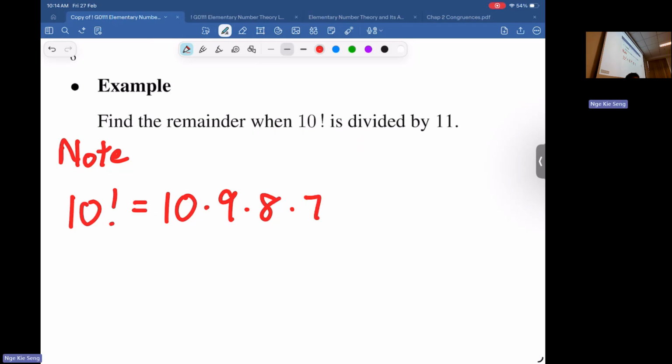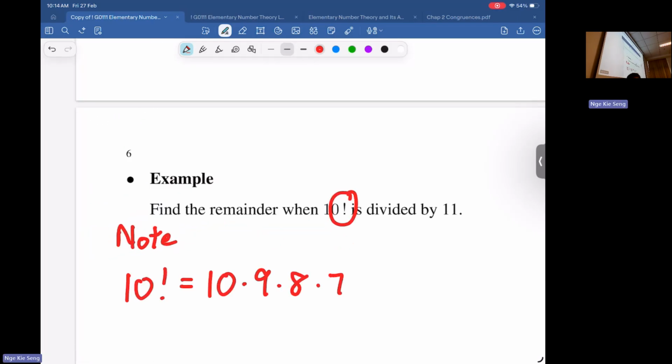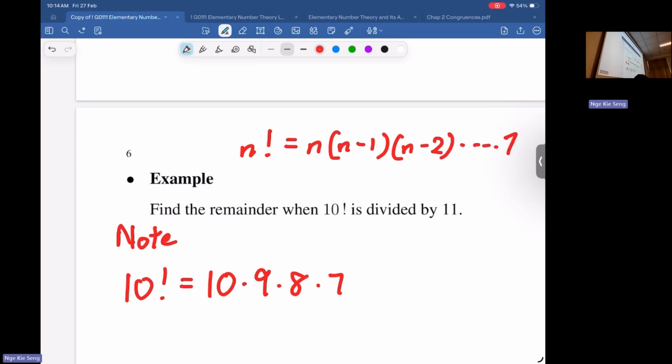Does everyone know factorial? Should I define it? Everyone good with this exclamation mark? So n factorial, for the purpose of this class, you just learn that this is n times n minus 1, n minus 2, all the way down to 1.